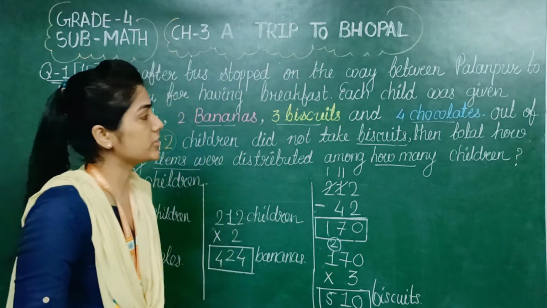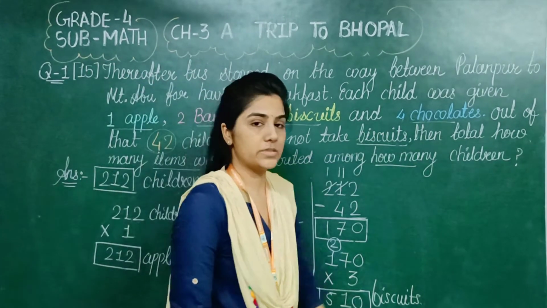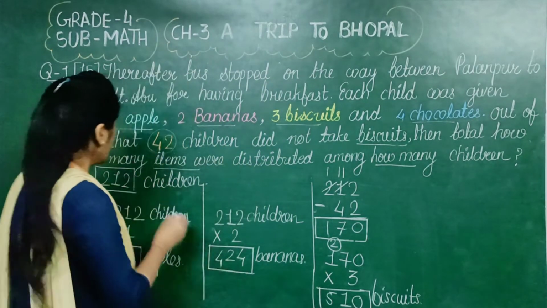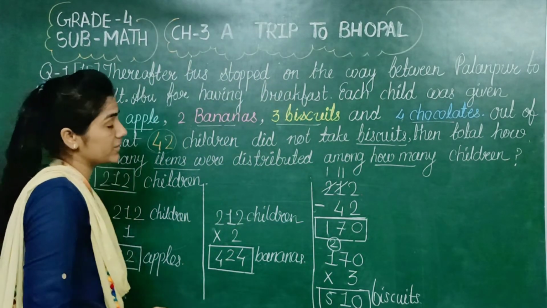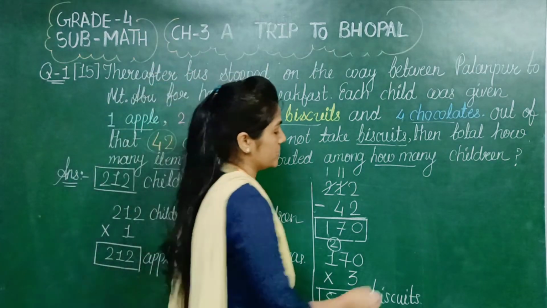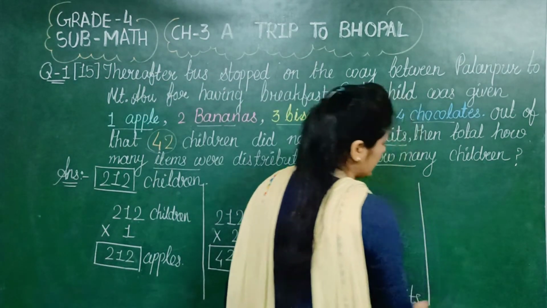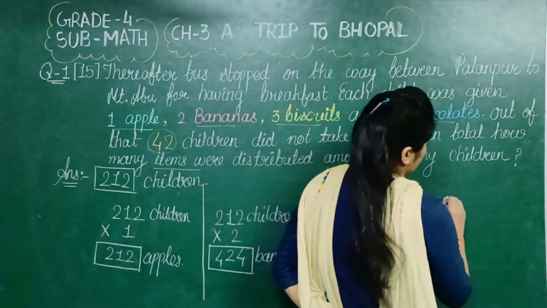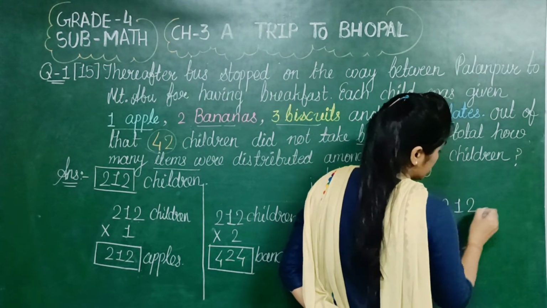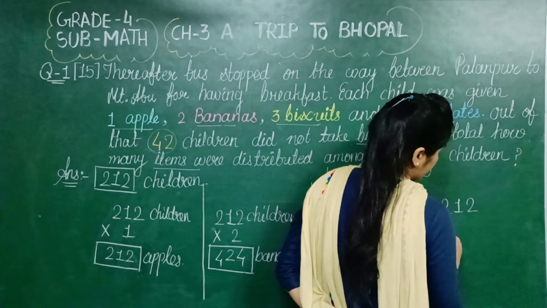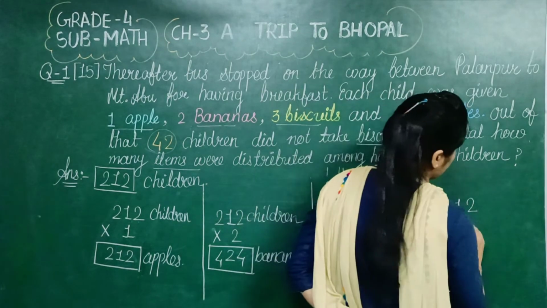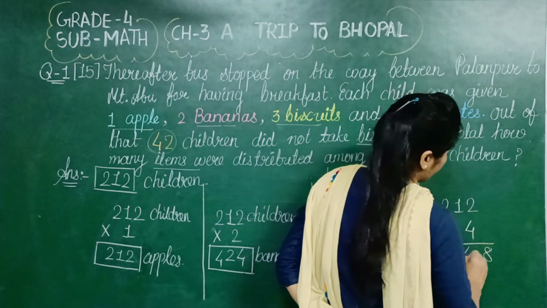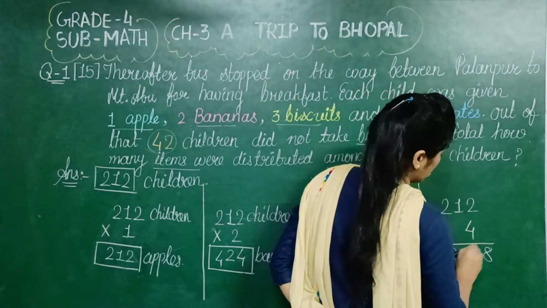Now the last calculation is pending, for the 4 chocolates. Each child is getting 4 chocolates. So how many chocolates will 212 children get? This way we have to find it, and multiplication will come. 212, this is the number of children, multiplied by 4. 2 4s are 8, 1 4 is 4 and 2 4s are 8.